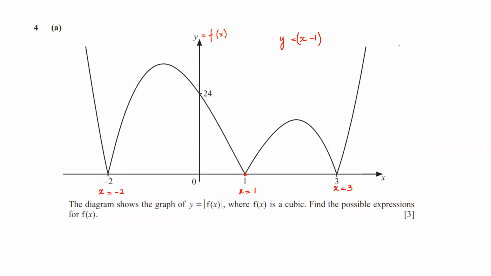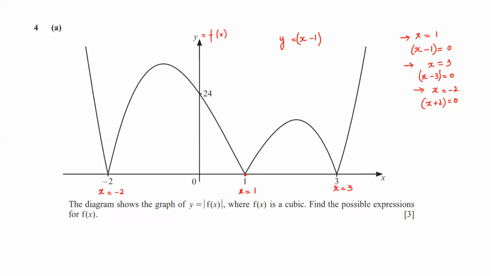So from these three points, x equals 1, we can have x minus 1 equals 0. This is one solution. For x equals 3, we have x minus 3 as another solution. And for x equals minus 2, x plus 2 is another solution. So these are the three factors that can give us the solution.